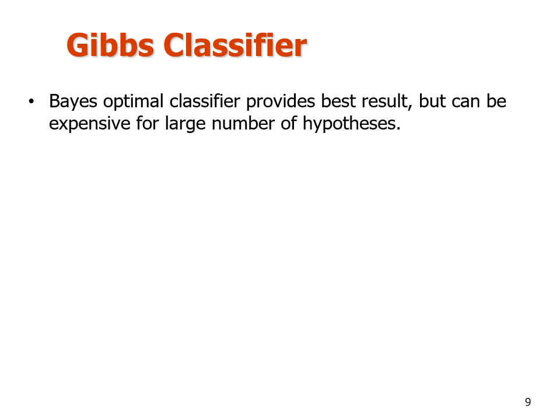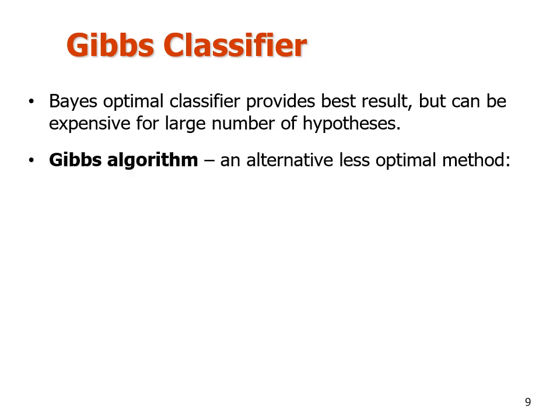The expense is due to the fact that it computes the posterior probability for every hypothesis in H and then combines the predictions of each hypothesis to classify each new instance. Here comes an alternative, less optimal method that is known as Gibbs algorithm or Gibbs classifier. This algorithm has two steps.